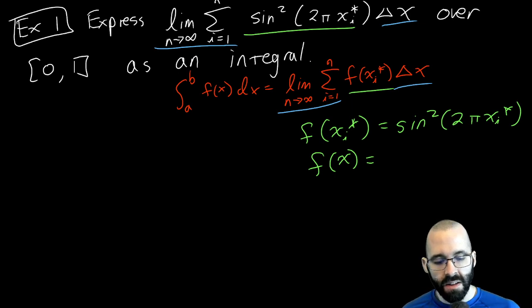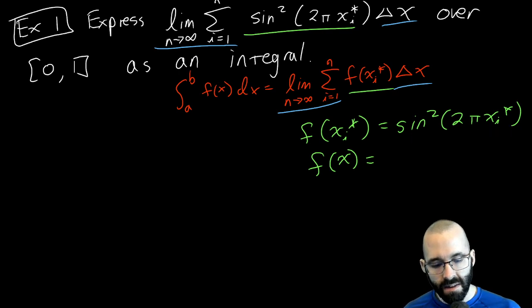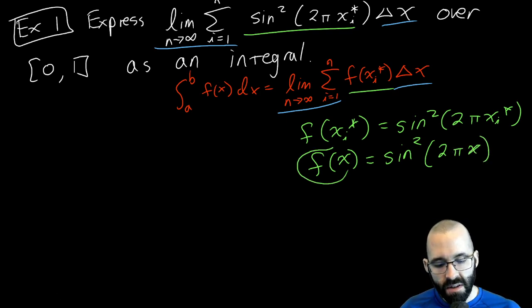So all the function is basically this, but not at x sub i star, at any x. So our function here is the sine squared of 2 pi x. And remember, this is just evaluating a function. This is just plugging in, replacing all the x's with x sub i star.